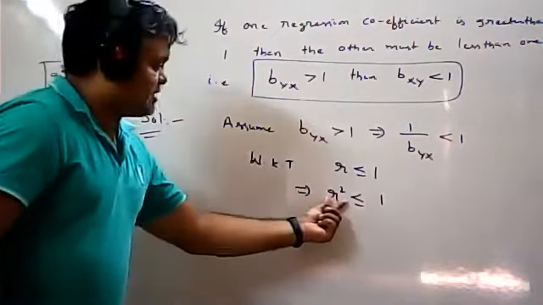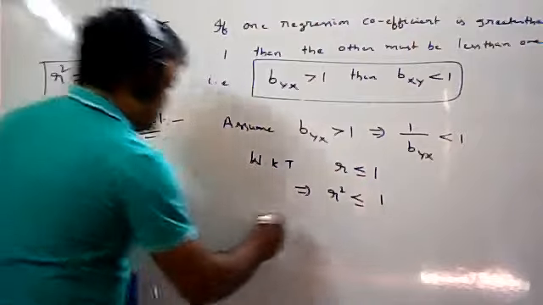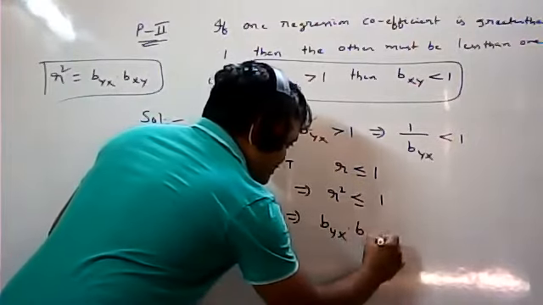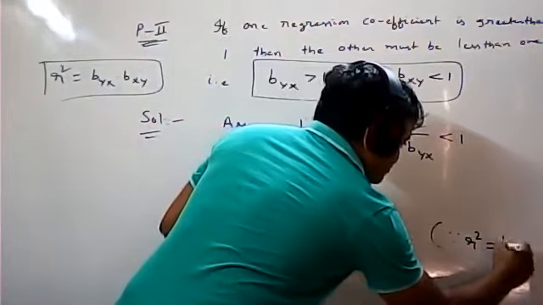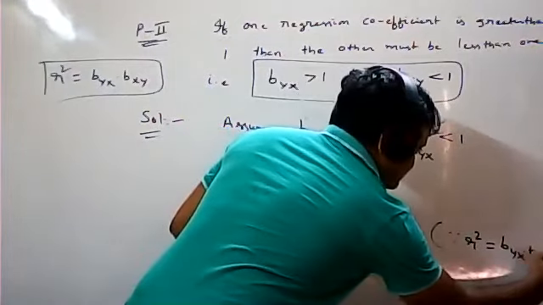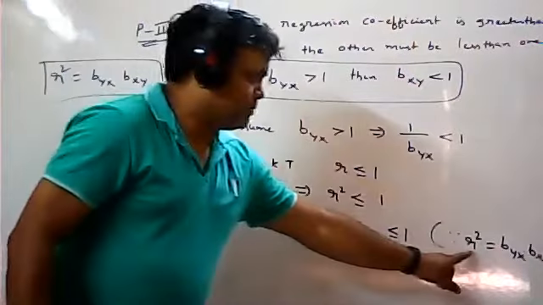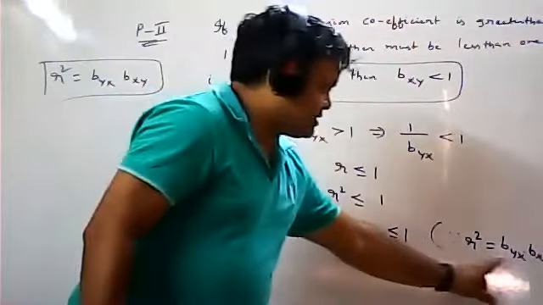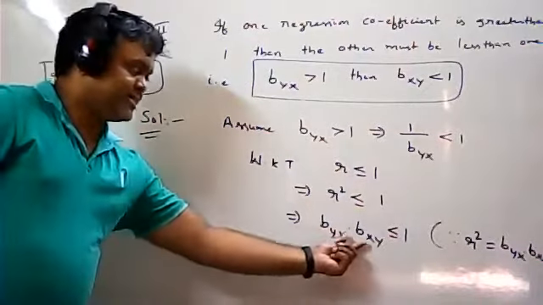This implies byx into bxy is less than or equal to 1, since r square equals byx into bxy. In property number 1, I have proved that r square is equal to byx into bxy.